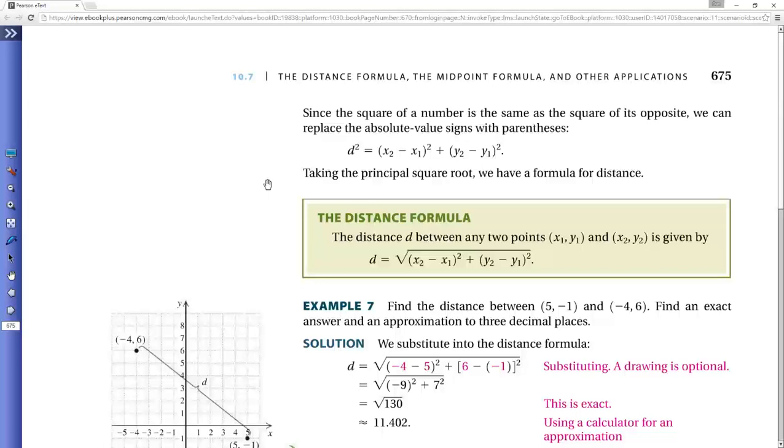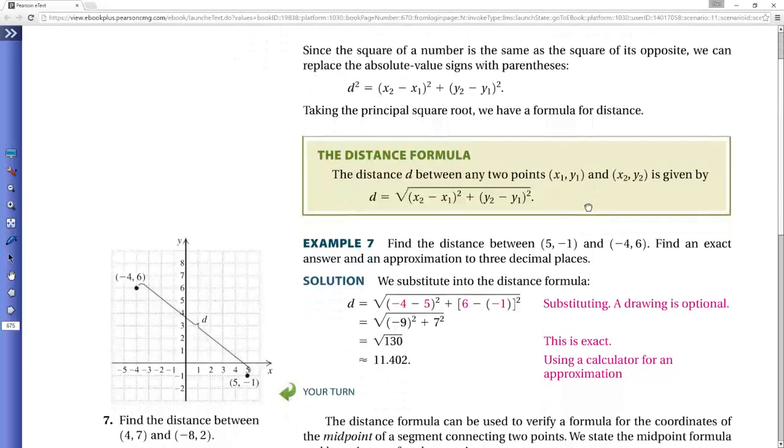So taking the principal square root, we found this formula, which is, well, to find d, I have to take the square root of this entire side, and they get this formula. It is basically used as a formula, and I think it would be a very good idea to remember this formula.